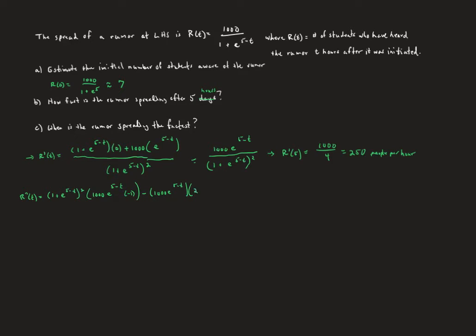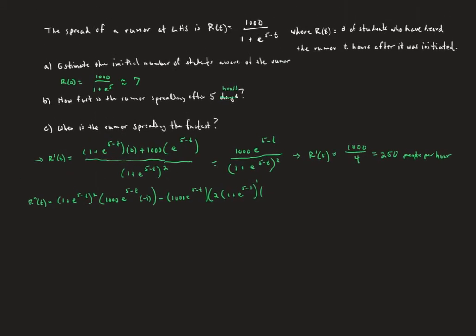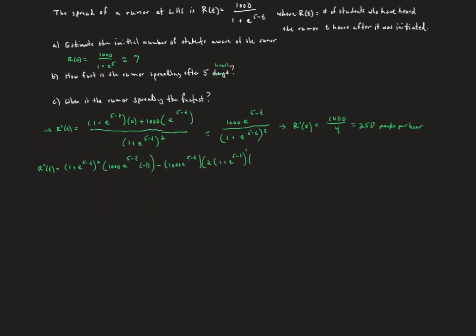Okay, hold on here. 2 times (1 + e^(5 - t)) to the first power times the derivative of the inside function. The derivative of 1 is 0. The derivative of e^(5 - t). Oh, hold on. There's my left hand coming in to haunt me here. So that's going to be e^u, e^(5 - t) times a -1. And then that's going to all be over the denominator squared, which is going to be (1 + e^(5 - t)) whole thing now to the fourth.